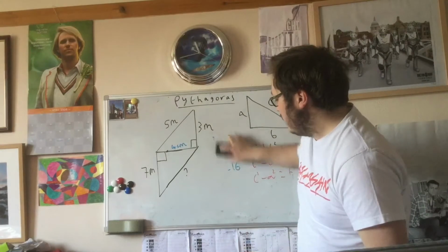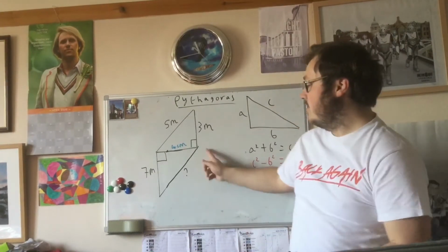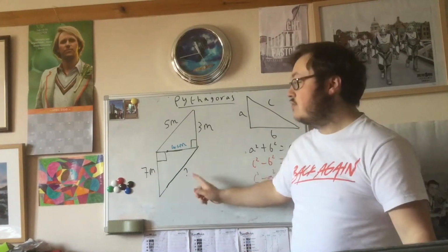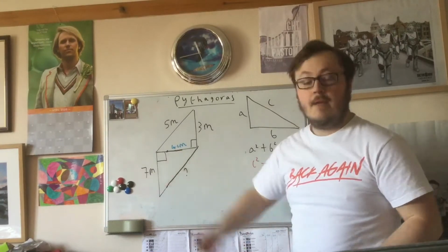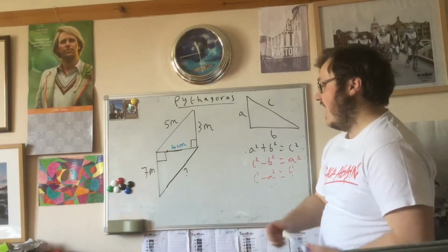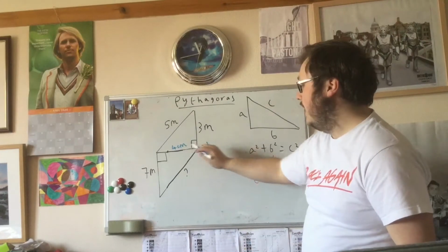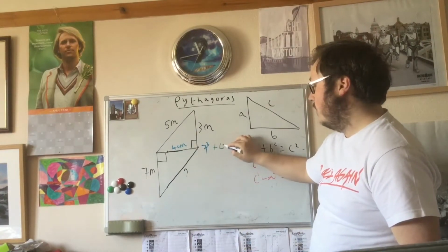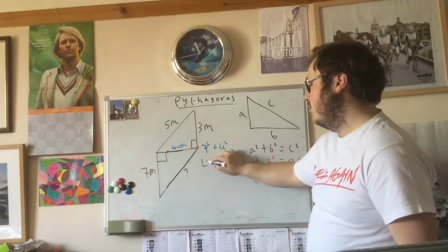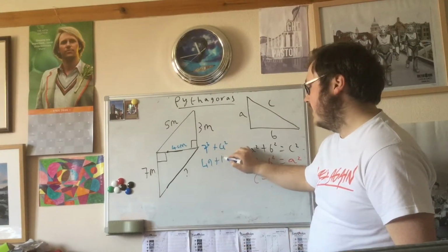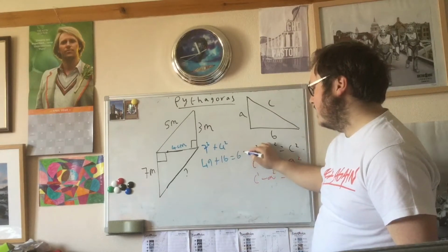So, all we now have to do is do Pythagoras to find this side, the hypotenuse of this triangle, because now we know A and B. So, let's say that A is 7, so we do 7 squared plus B squared, so it's 4 squared. That will become 49 plus 16, that will get 65.